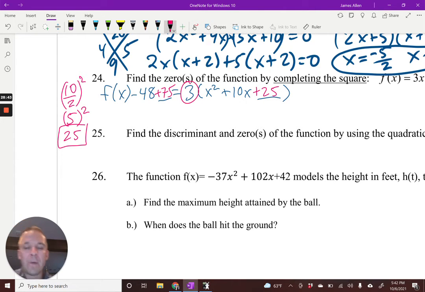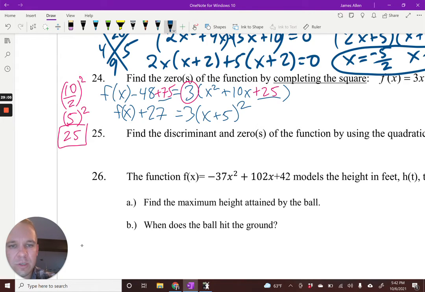How did I get that? That 3 times 25 gives me that 75, because that's what I really added to both sides. So let's see here. F of x plus, I can't do math right now. Was it 27? No. Yes. Equals 3 times x plus 5 squared.